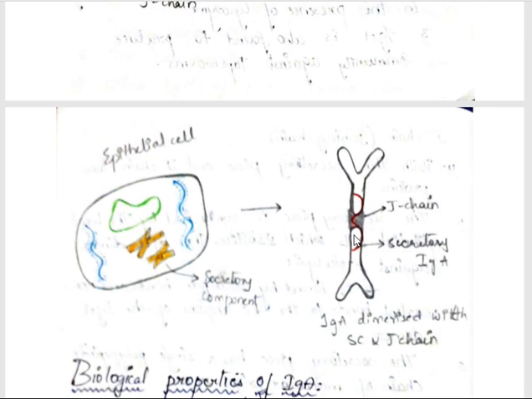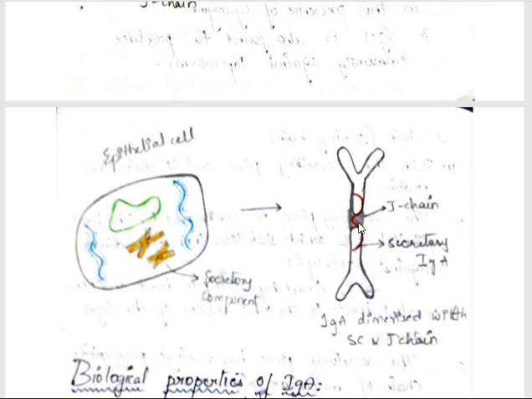The secretory piece is synthesized by the local epithelial cells. The epithelial cells release a secretory component that attaches to this dimer, and the IgA dimer gets stabilization and resistance to proteolysis. It is bound by disulfide bonds and non-covalent bonds to the Fc region of the IgA dimer.